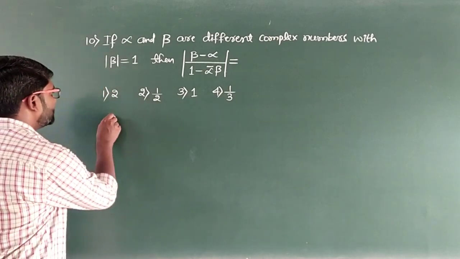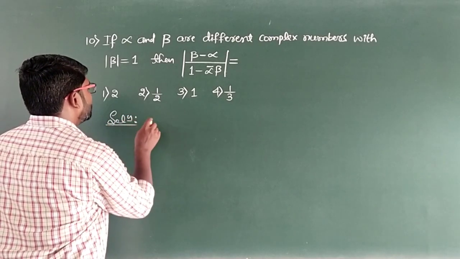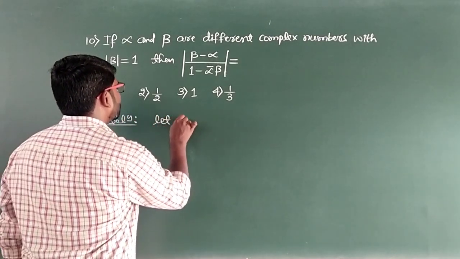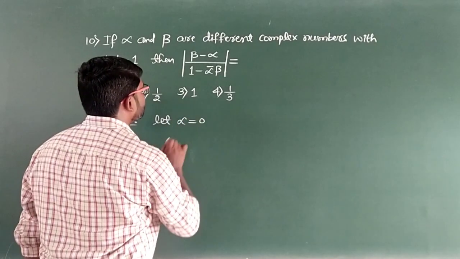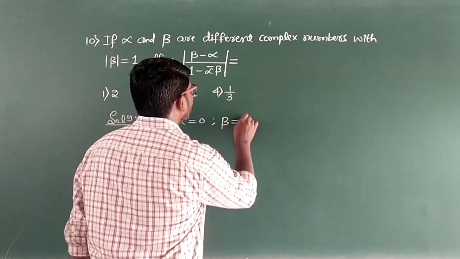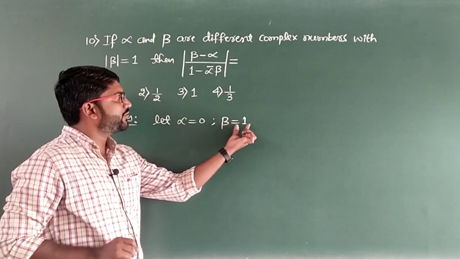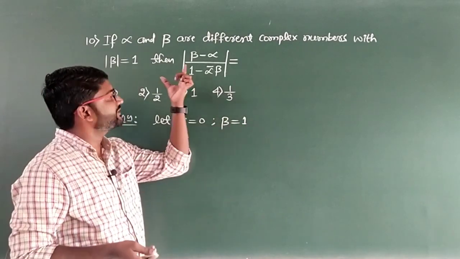So what I will do is go for the substitution now. Let alpha be equal to 0 and beta be equal to 1. So take modulus on both the sides now, mod beta becomes mod 1, it will be 1. So our condition is true now.